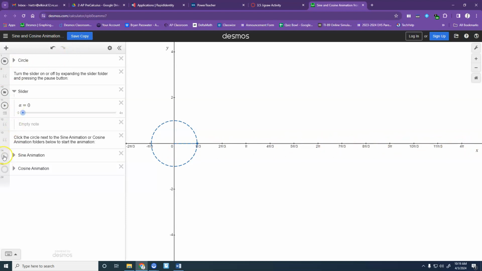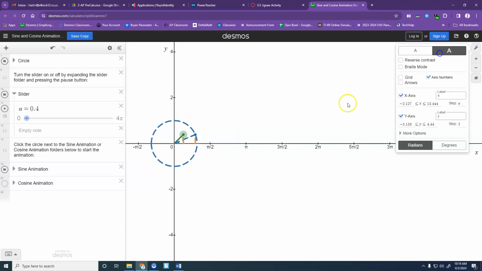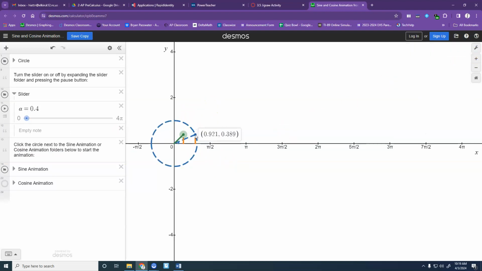If I want to watch this happen for sine, as my angle increases, watch that little orange piece of line right there. That tells you your vertical displacement, your height of that point, because sine is your y-coordinate. As you watch this point go around the circle, its height gets higher.